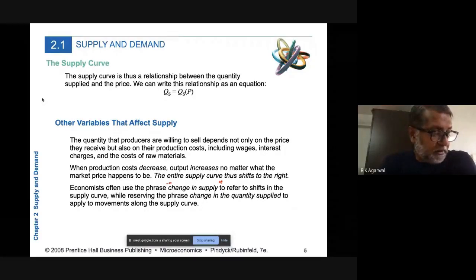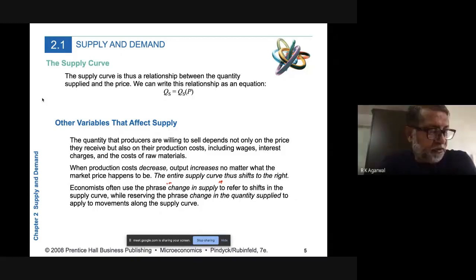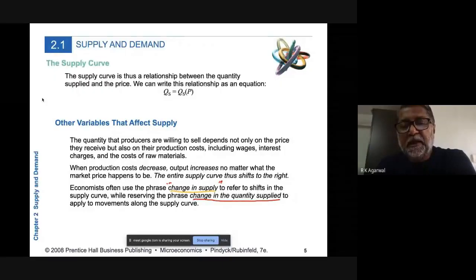But when the supply curve remains the same, and we only move along the same supply curve, we use the phrase change in the quantity supplied. So you just compare these two: change in supply, underlined by the yellow line, and change in the quantity supplied, underlined by the red line.